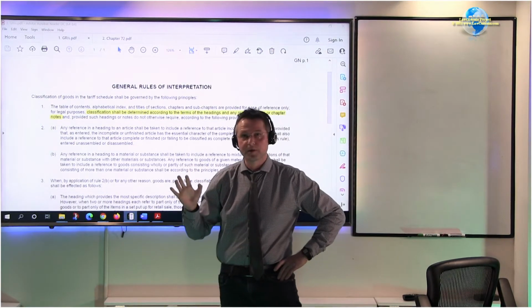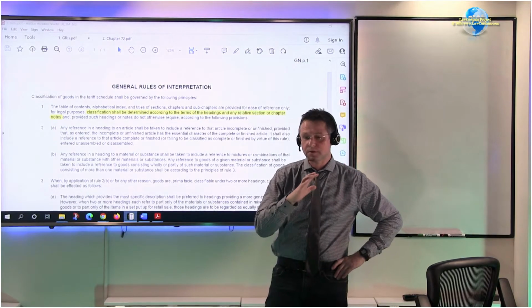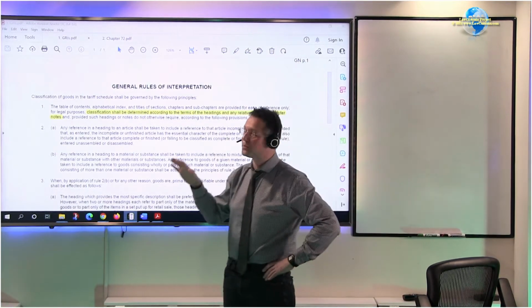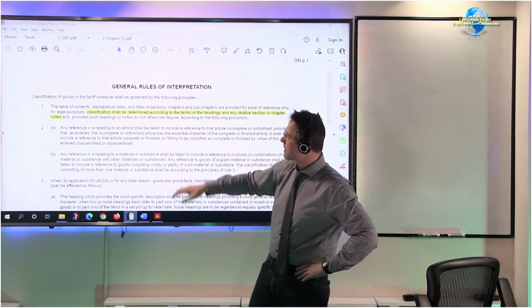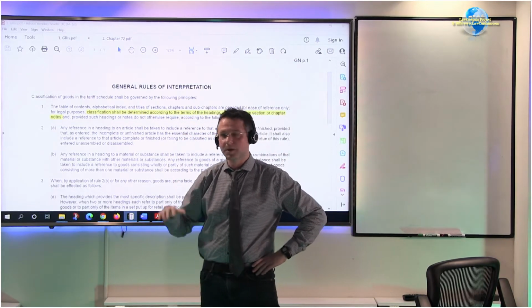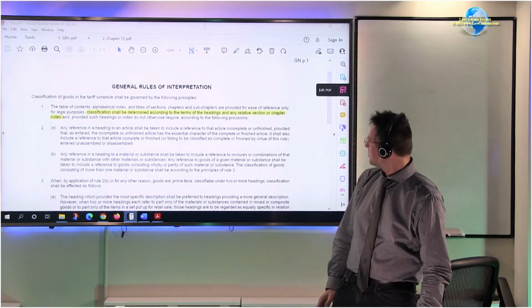That's where you start. And as we shall see today, most of the things can be eliminated just by sticking to GRI 1, and its echo at the subheading level, which is general rule of interpretation 6.